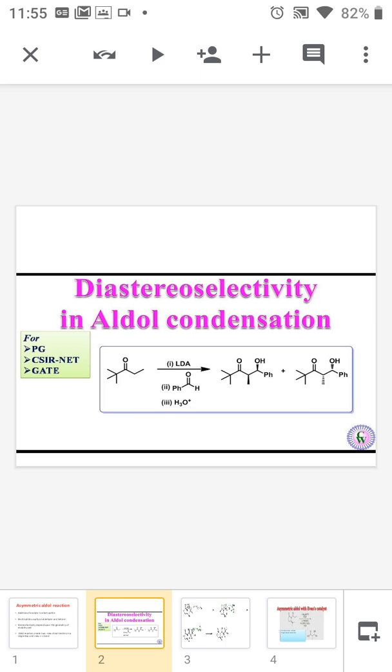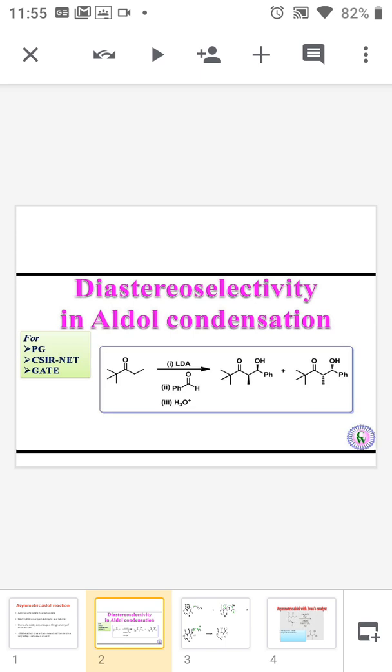Two chiral centers are produced and a new C-C sigma bond is formed, and we get two products for an ordinary Aldol reaction, and these two products are diastereomers.